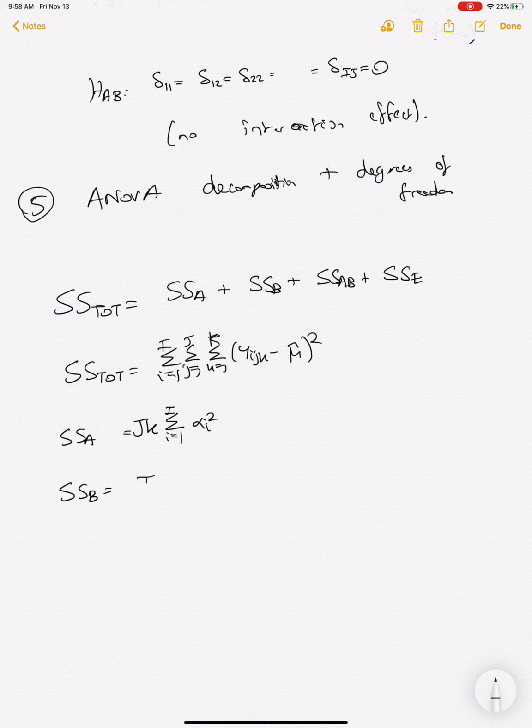SSB is equal to I times k of the sum over the beta hat j squareds. And then we have our SSAB, the interaction term, which is k times the summation i equals 1 to I, j equals 1 to J of delta hat ij squareds.